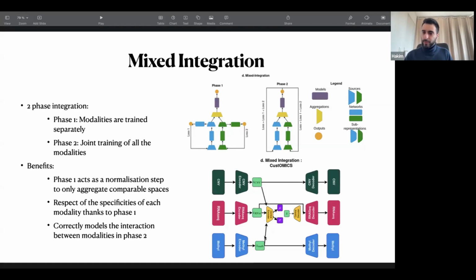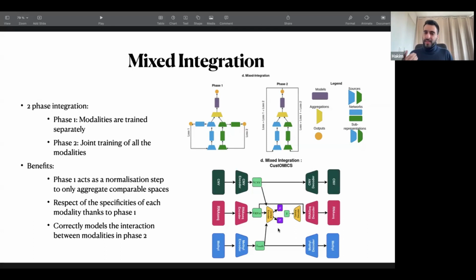The central encoder in the first part doesn't train; it's completely frozen, so that the first phase acts as a normalizing phase for the omics data, where every modality has time to converge and build a robust representation. While in phase 2, we defreeze the central encoder and we train everything at once as with joint integration.